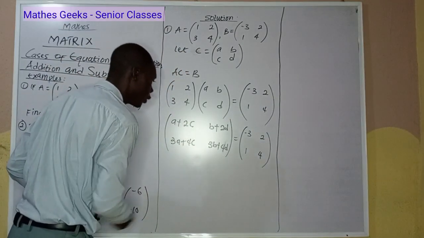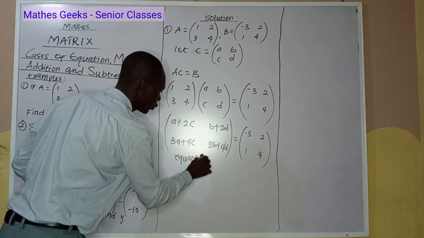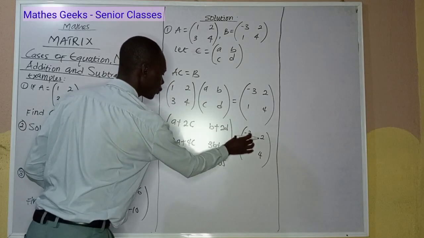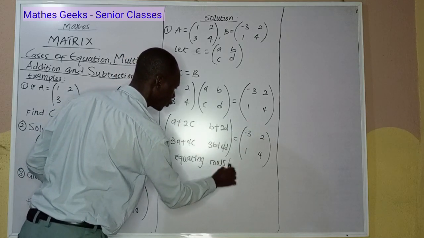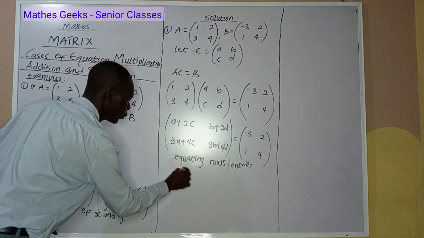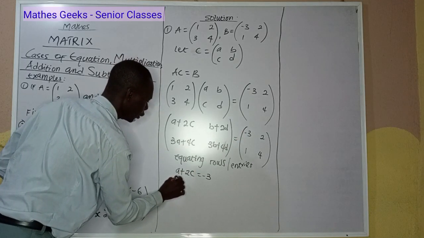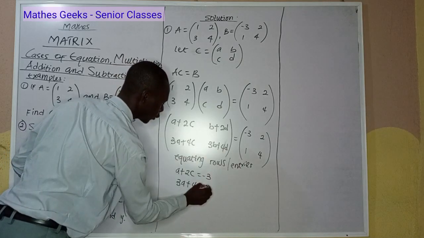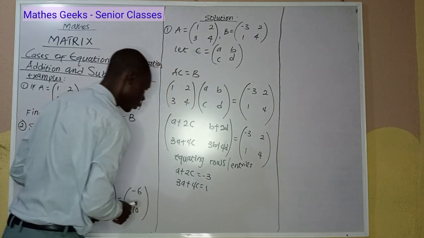At this point, we're going to equate entries, or say equating rows. Equating entry a11, we have a plus 2c equals minus 3, and 3a plus 4c equals 1.